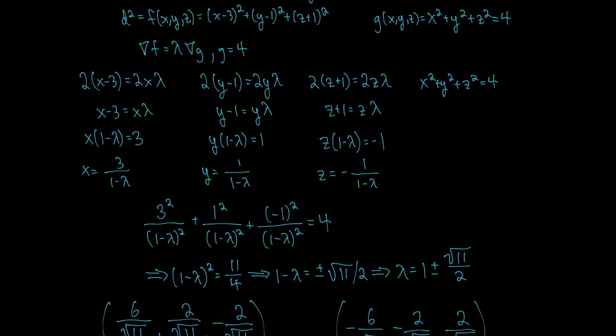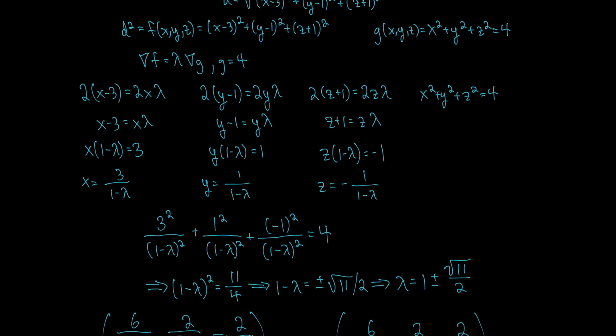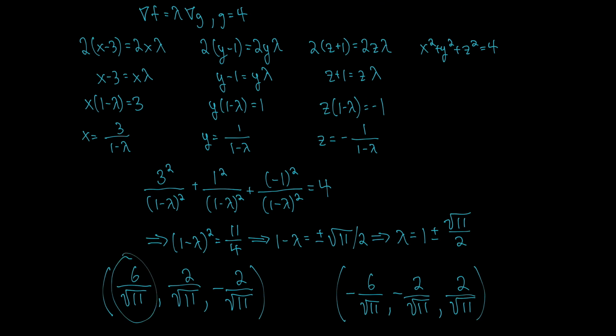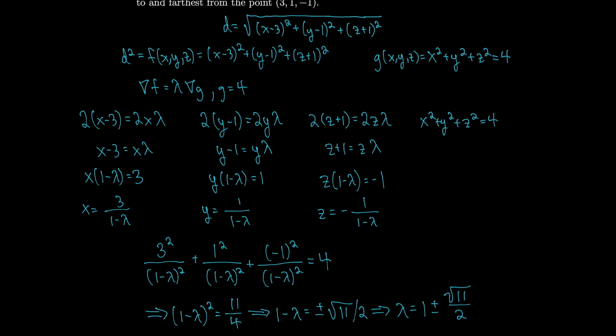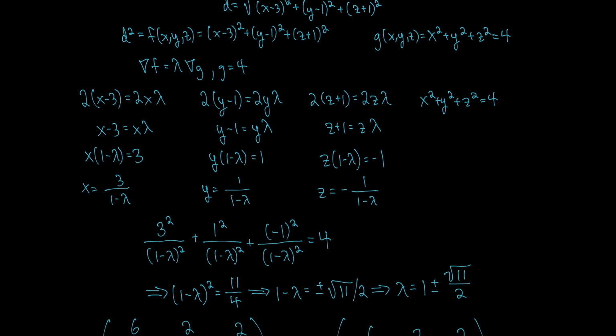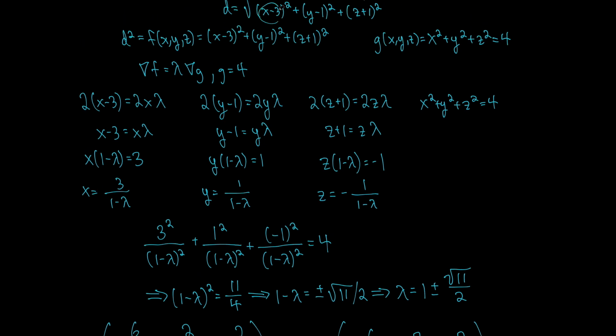So how about we look at f, which was this thing over here. Notice that if I plug in 6 over the square root of 11, that's definitely going to be smaller than plugging in minus, because if I plug in the minus, I subtract 3, I get an even more negative number, and when I square it, the negative won't matter. Whereas if I plug in a positive, then the distance between that and 3 won't be as big.